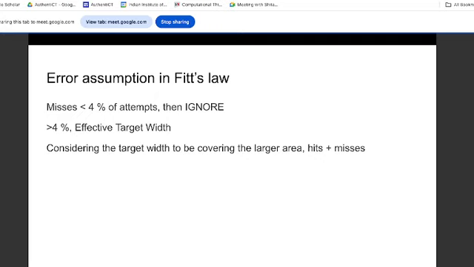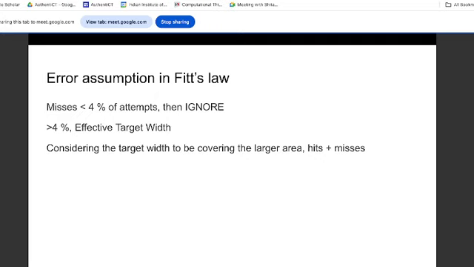Now if the error rate increases above 4% of the attempts, then we have to make considerations about the effective target width. The target is the object that we are trying to hit or locate, and the target's width is the thing that makes error more likely.